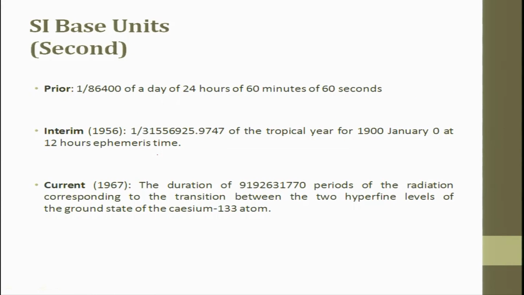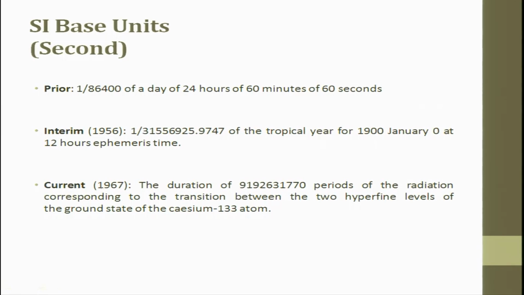When we talk about a second, prior it was 1 by 86,400 of a day of 24 hours of 60 minutes of 60 seconds. So, that was the prior definition. Then the interim definition in 1956 came as 1 by 31,556,925.9747 of the tropical year for 1900 January 0 at 12 hours meridian time.